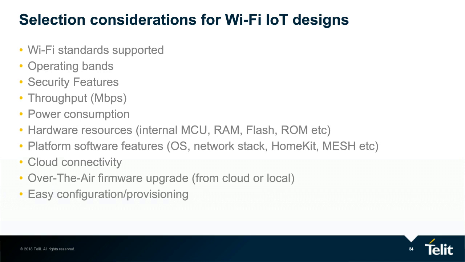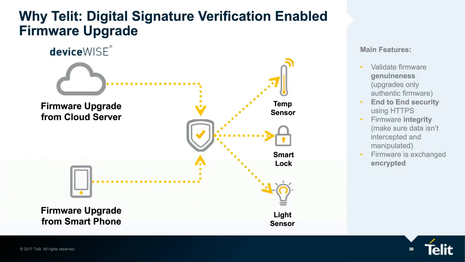Now, it's pretty interesting. Again, I have captured a slide. So here, as you see, the Tillit modules do offer a digital signature verification enabled firmware upgrade mechanism. That means that the device can be upgraded from the cloud or from the smartphone over a very secured, encrypted channel.